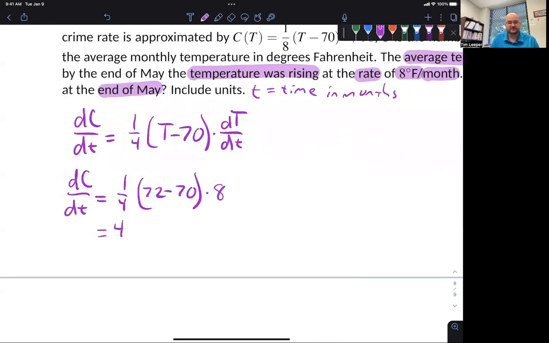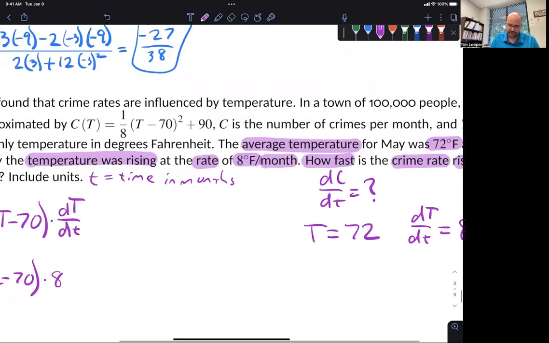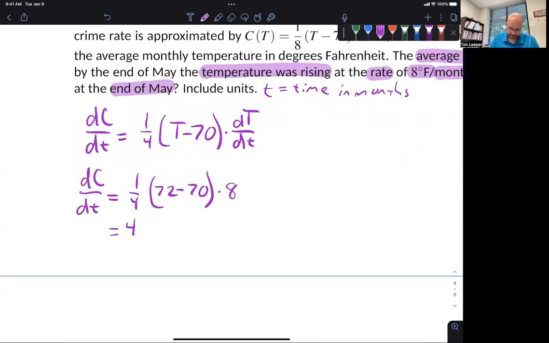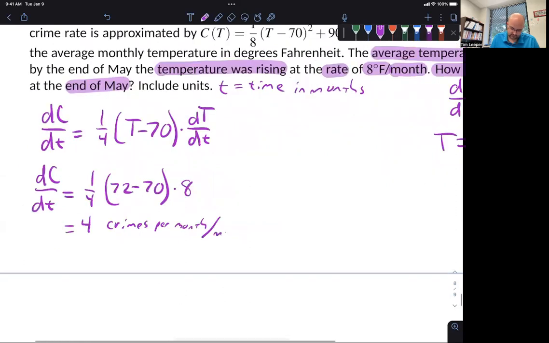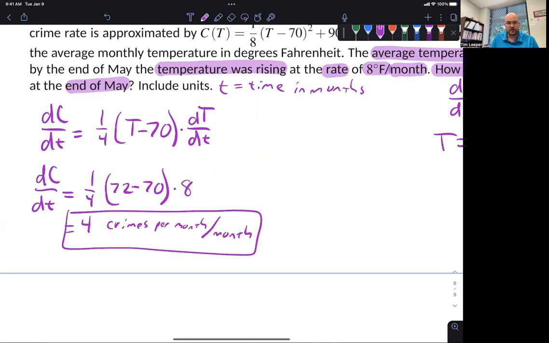So dC/dt is 4, and what are the units? Well, C is the number of crimes per month. And then T is in months. So the units here are 4 crimes per month, basically.